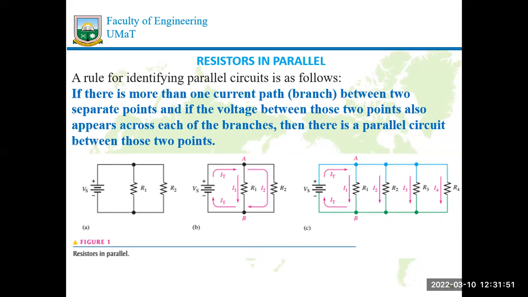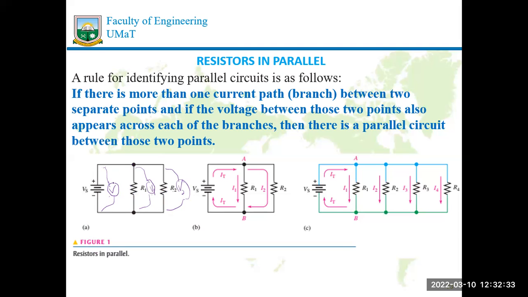Now, if we are looking at resistors in parallel, what usually we are concerned about is that the voltage that you have, if I have a voltmeter here measuring the voltage here, another voltmeter here, V1, another voltmeter here, V2, I'll end up having the same voltages across each branch as I have here.